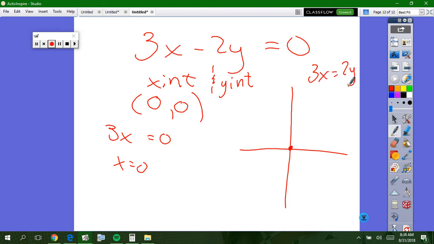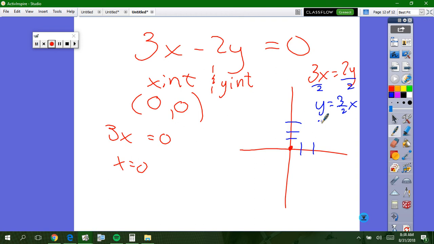Do we want x to be by himself, or do we want y to be by himself? Y. So I'm going to divide by the 2. So y equals 3/2 x. Right? So what are we going to do now? We already have our y-intercept. So I'm just going to rise 3, run 2.